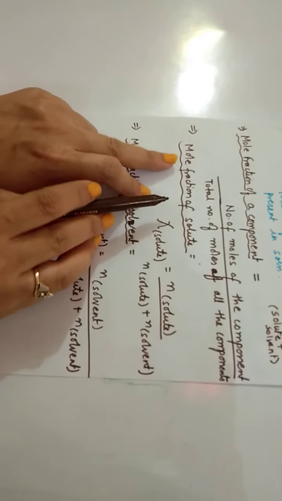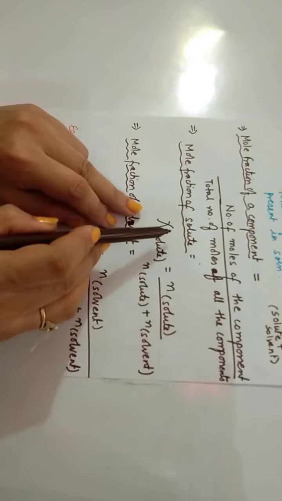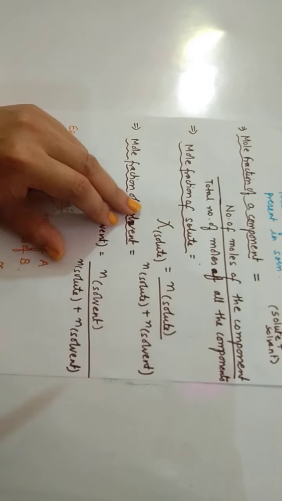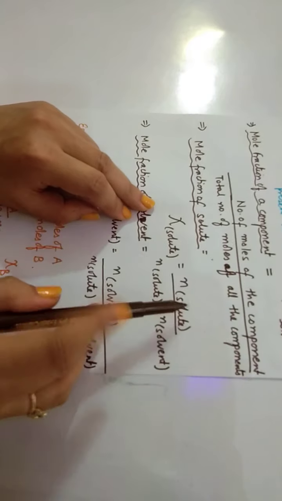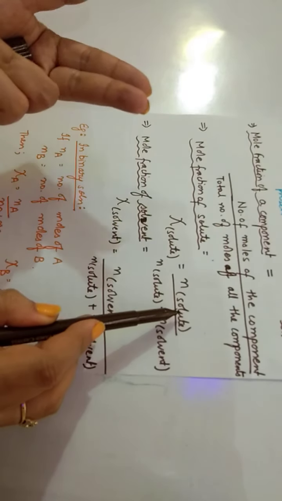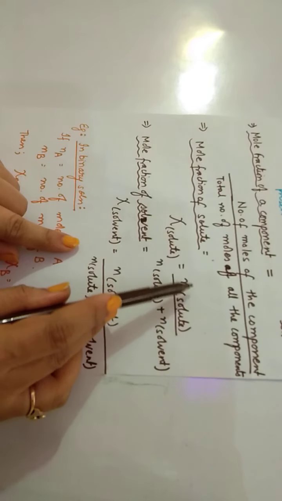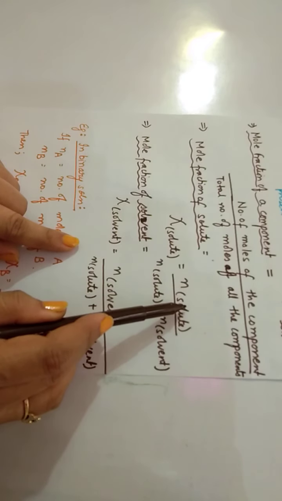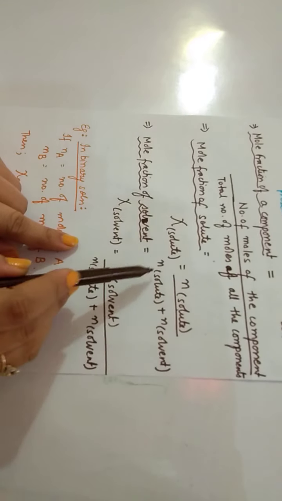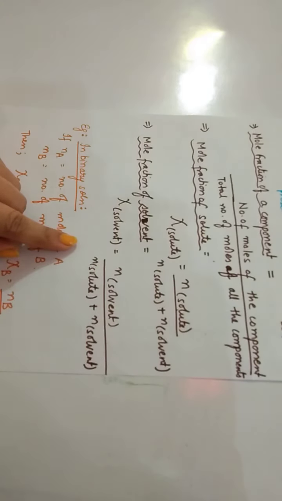As it is written, mole fraction of solute. Mole fraction is represented by this symbol. So mole fraction of solute is equal to the number of moles of solute, of which you need to find out the mole fraction. That number of moles will be written in the numerator, divided by the total number of moles of all the components.